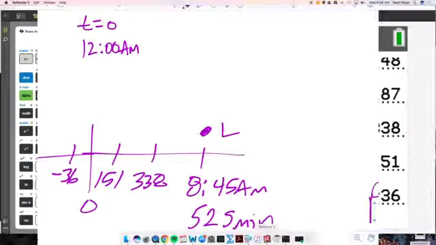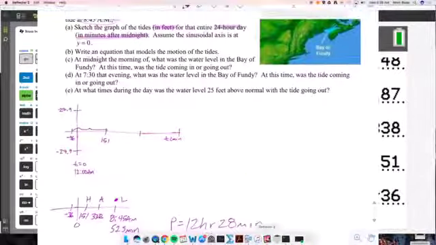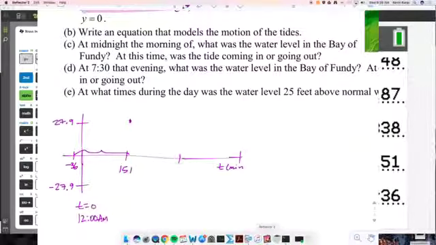If this is a low point, then 338 is an axis point, 158 is a high point, yeah? Working backwards. So now you can actually put a high point here. This would be an axis point. This would be another axis point. And then this would be a low point.